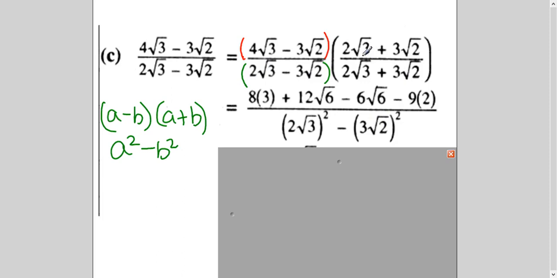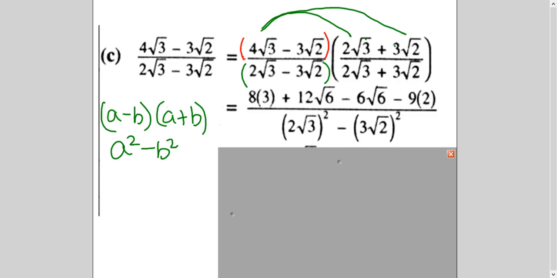Now in the numerator, we have done exactly what I explained to you in the first two examples. This will multiply by this. 4 2s are 8, 3 3s are 9, and root 9 is 3. Then this number multiplies by this. 4 3s are 12 because 4 and 3 are outside, and 2 3s are 6.